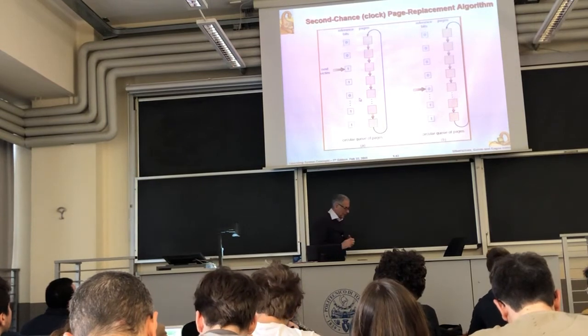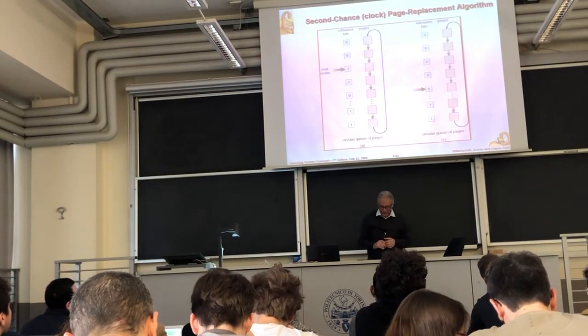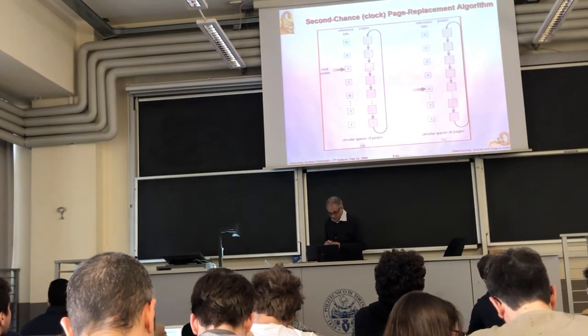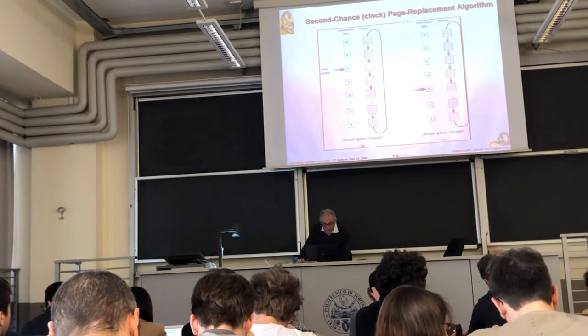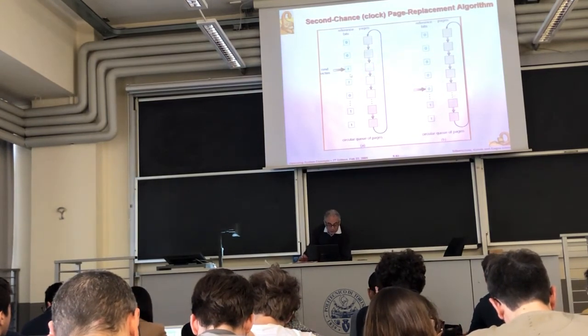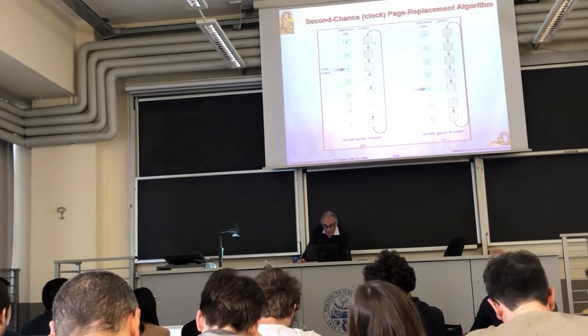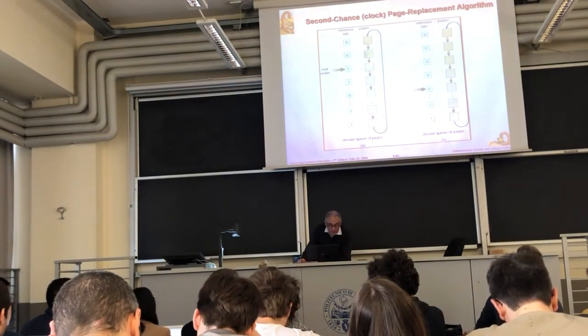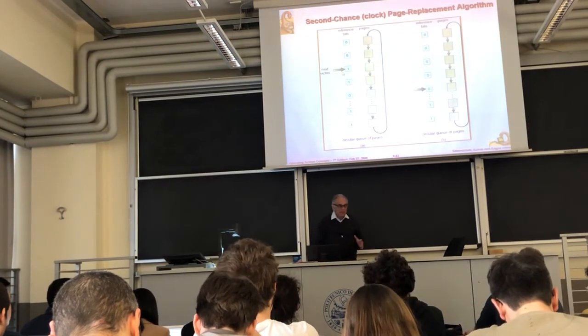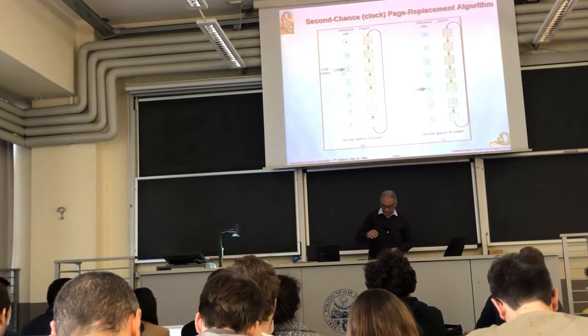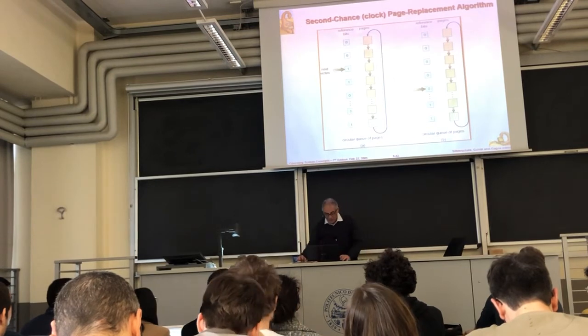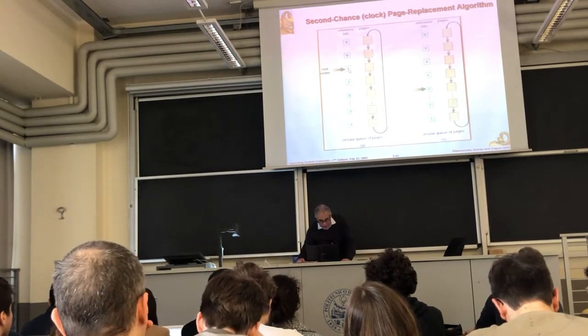So we don't have the problem, and we don't have to manage lists. So what does the algorithm do? It starts from a location in one of these pages, and looks at this bit.